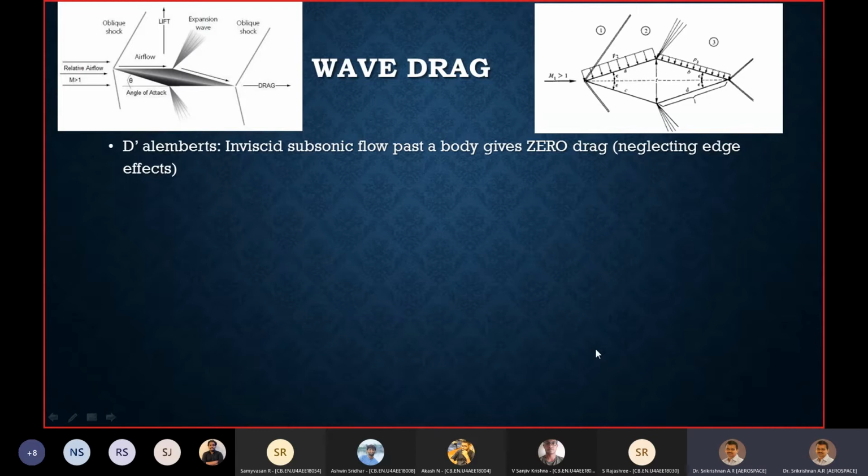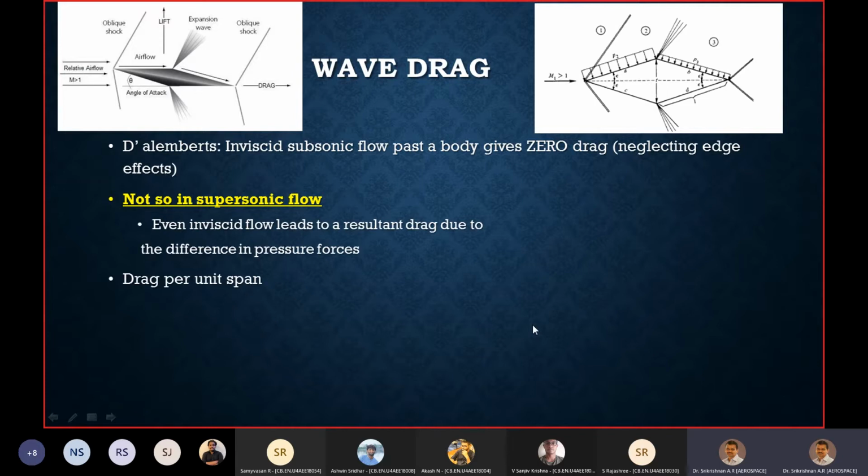So when I have subsonic flow past an airfoil like the one that we have just seen, we will expect that there is no drag because there are no unbalanced forces. There is no resultant frictional force because the flow is inviscid. But this does not apply in supersonic flow, and it is quite easy to see why from what we have already discussed.